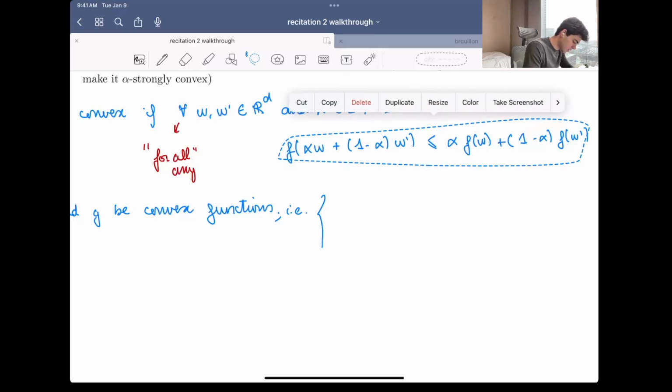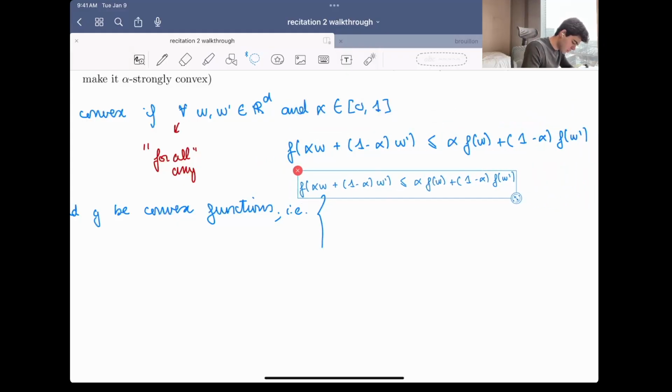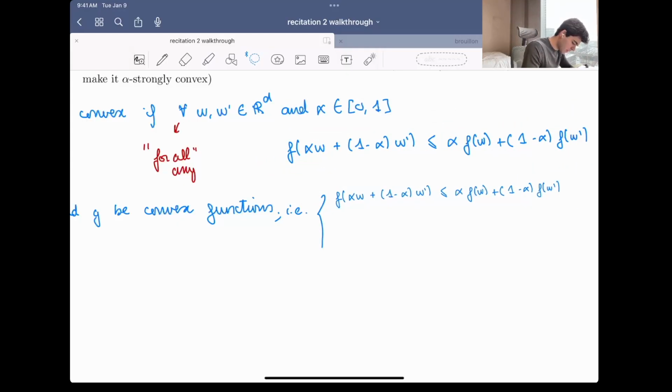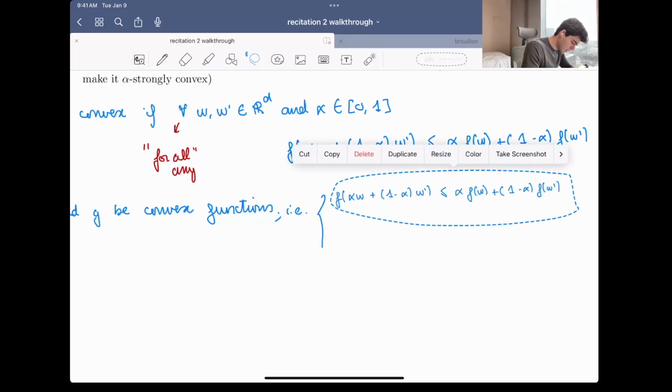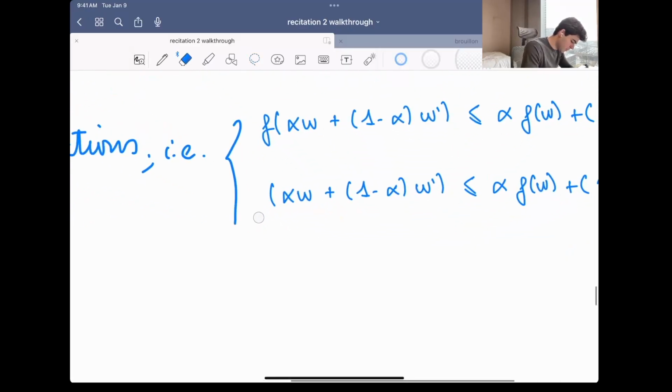This, and then this, right? And then all we have to do is just replace f here with g.